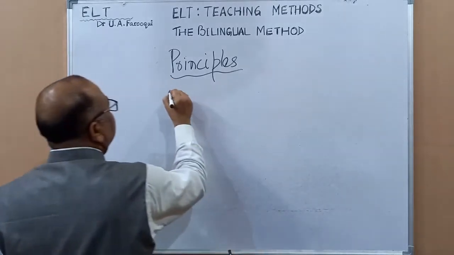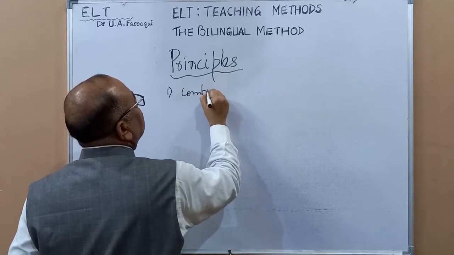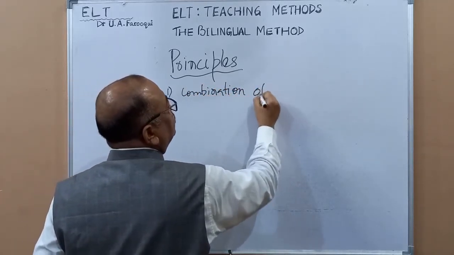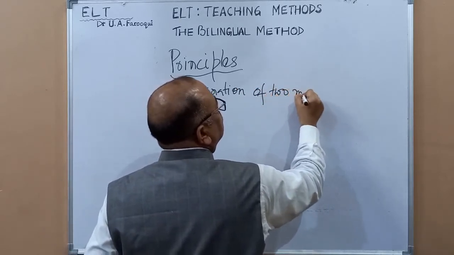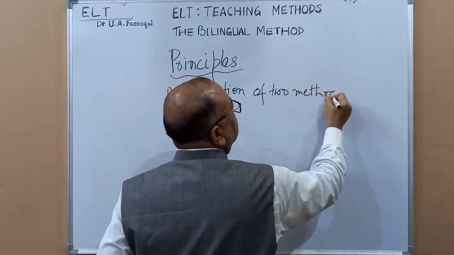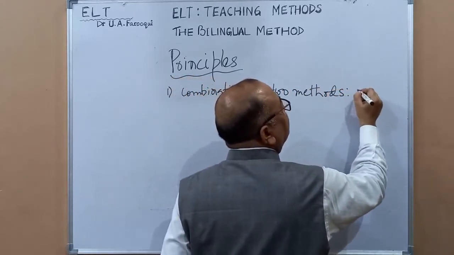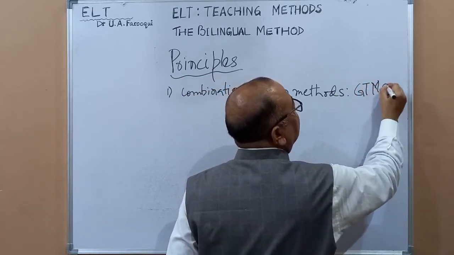So we can write: combination of two methods. What methods? First we write grammar translation method and direct method.